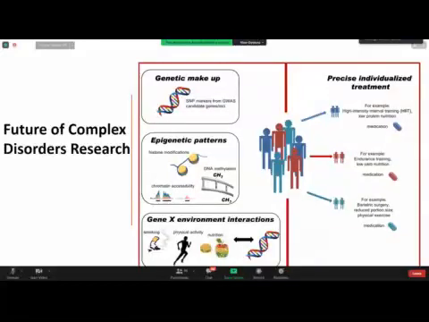And then of course, we also have to study gene-environment interaction. For example, if you are a smoker, how that is going to change your epigenetic pattern. Maybe your chromatin accessibility is changed, and how your genetic picture is changed by your environmental picture. Then your physical activity, your exercise and all that, and your diet can actually prevent you from diseases.